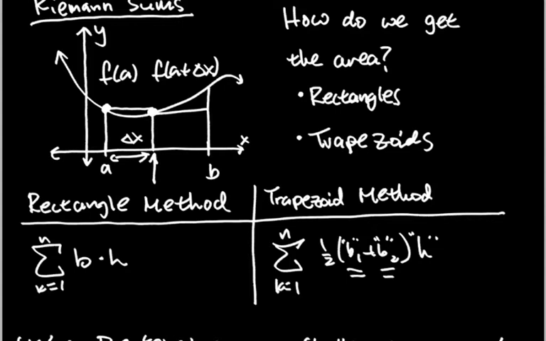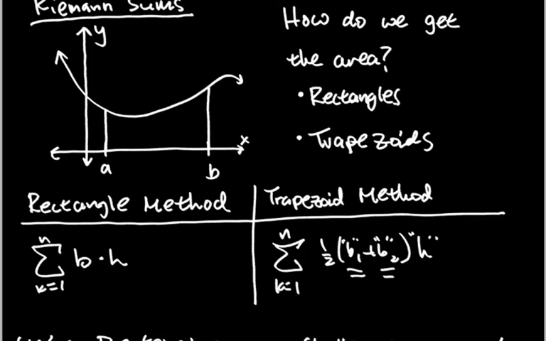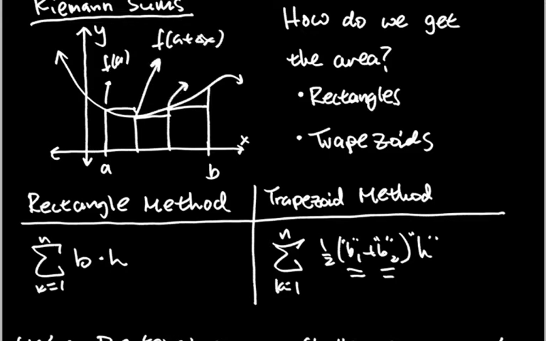So here we have a plus delta x. If we had 3 of them, then we have f of a, f of a plus delta x, f of a plus 2 delta x.